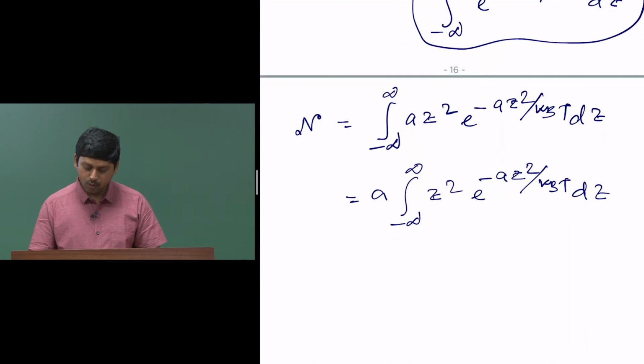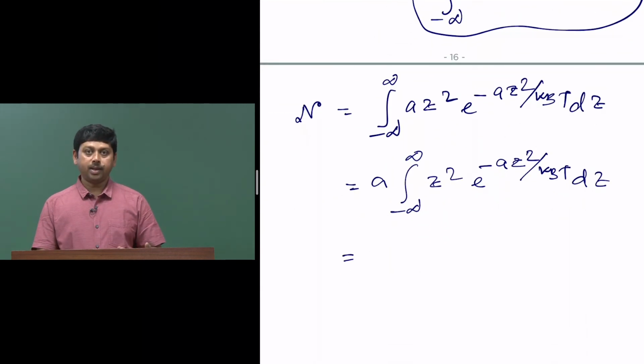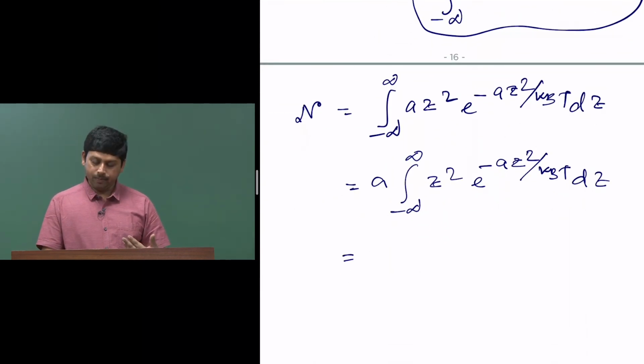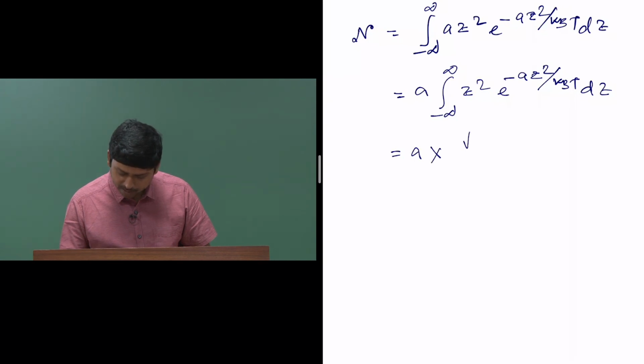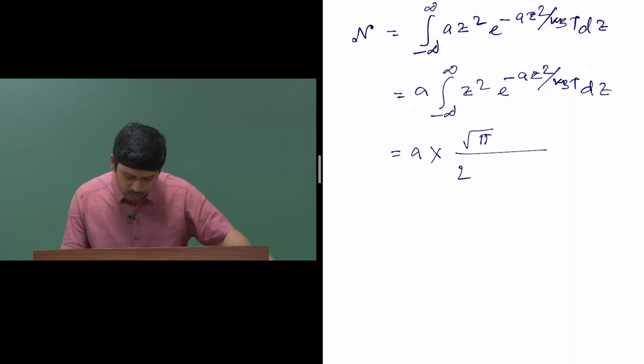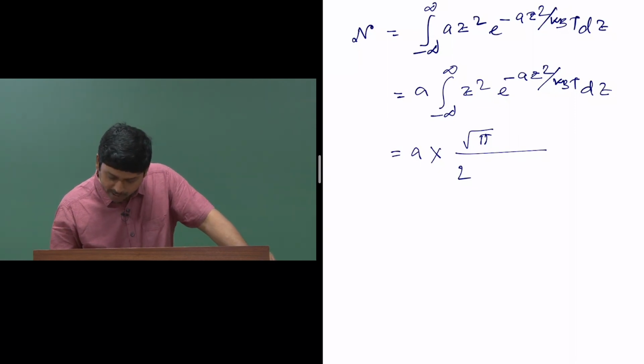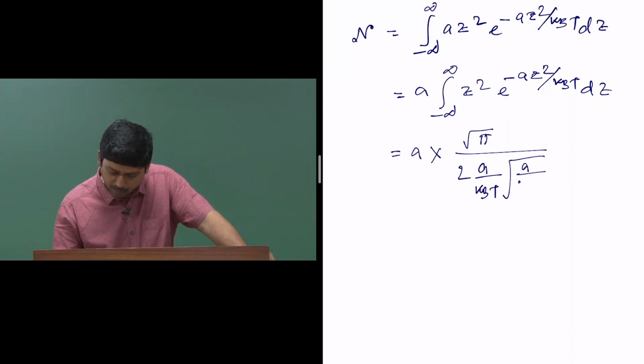Now, here we are going to use help from the hint and use the standard integral formula. It says that the integral of x square e to the power minus a x square, where x here is z, is root pi by 2a into root over a. Now, here a is a by kBT. So we have to write a by kBT into root over a by kBT.